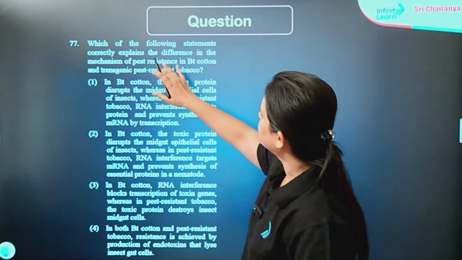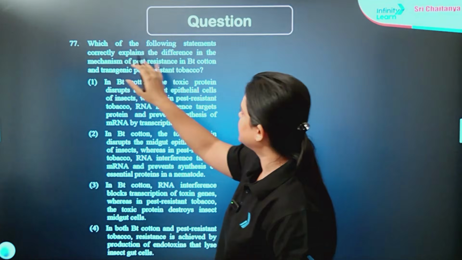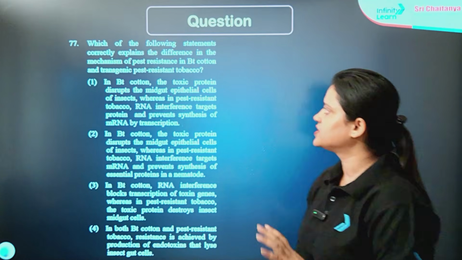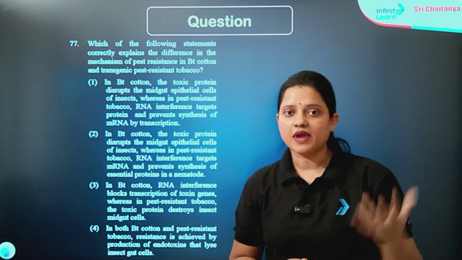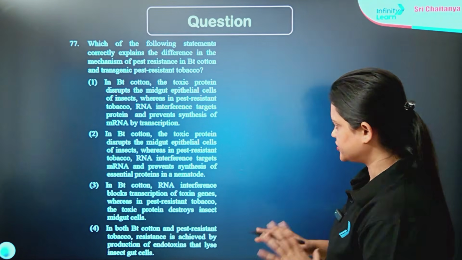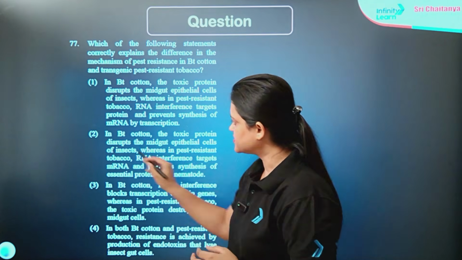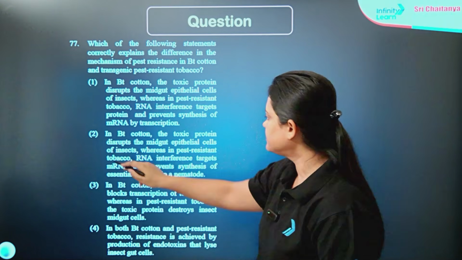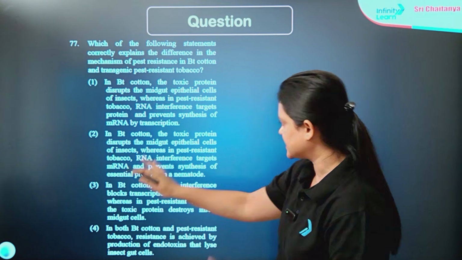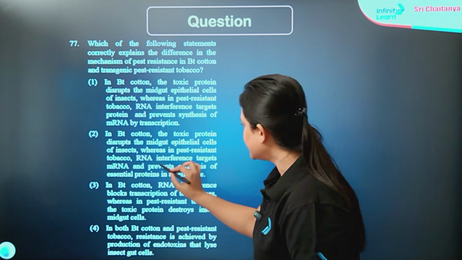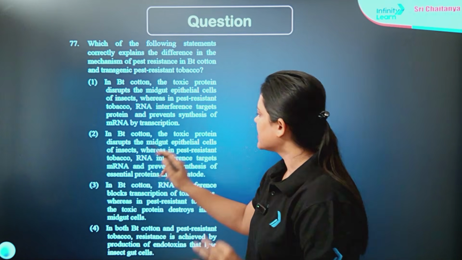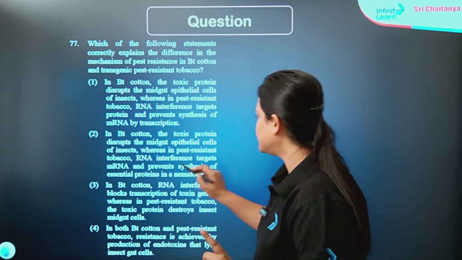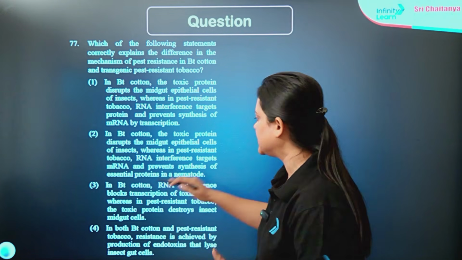So we have which of the following statement correctly explain the difference in the mechanism of pest resistance in BT cotton and transgenic pest resistance in tobacco? So a very good question from biotechnology. If you come to this point, in BT cotton, the toxic protein disrupt the midgut epithelial cells in insect. That's true. Whereas in pest resistant tobacco, RNA interference target mRNA and prevent synthesis of essential protein in the nematoda.